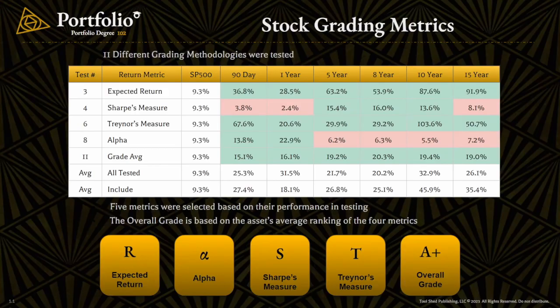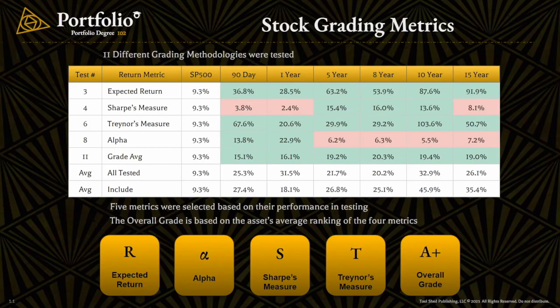As you can see here, these are the test results for the different metrics, starting at the top with the expected return, then Sharpe's measure, Treynor's measure, alpha, and our overall average. And from left to right, you'll see how they performed over the different historical time periods. We tested 6 different time periods: 90 days, 1 year, 5 years, 8 years, 10 years, and 15 years.